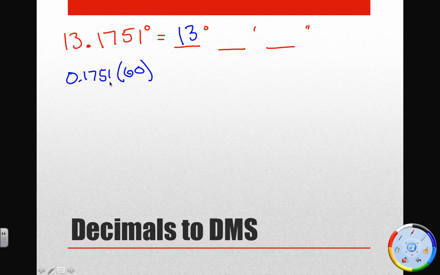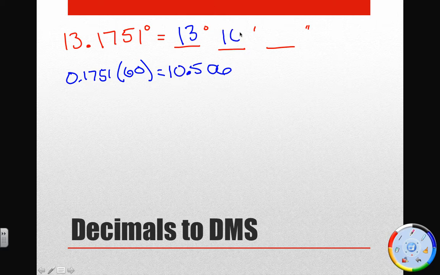So I need to know how many minutes 0.1751 represents. So I do it really quick: 0.1751 times 60, I get 10.506. Well, that right there gives you the minutes.